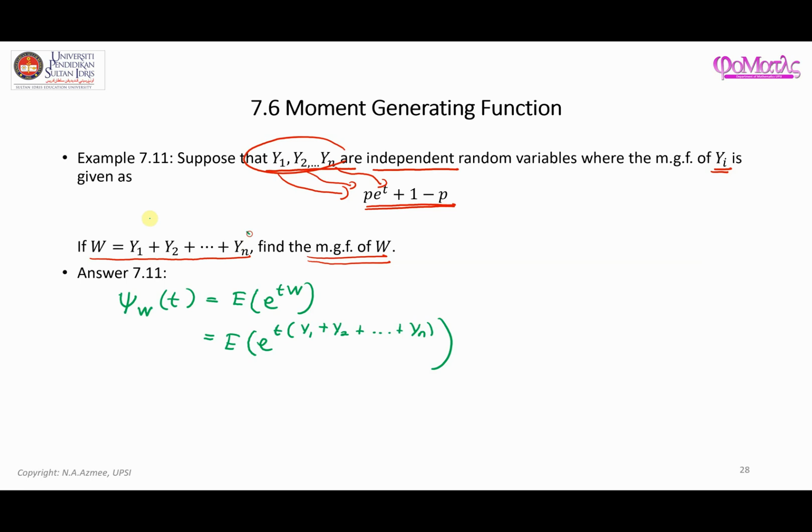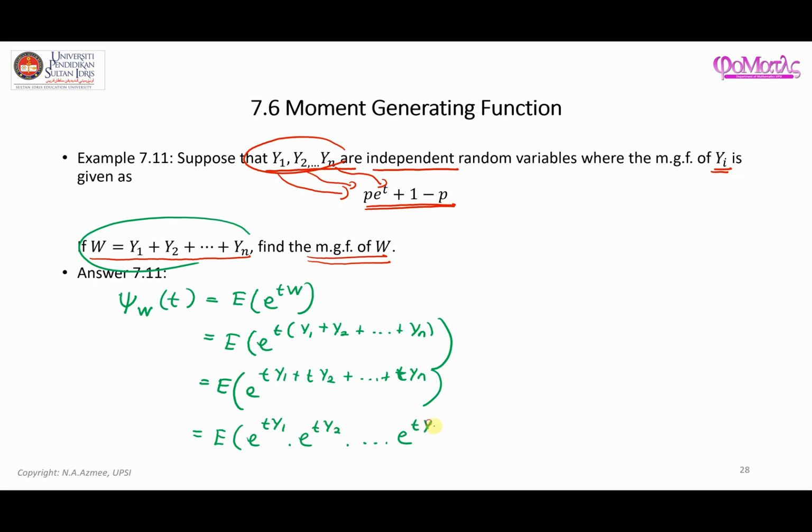Okay, so that is the given expression for random variable W. Next, we're just going to expand this, take out the bracket, so it becomes e to the power ty1 plus ty2 dot dot dot plus tyn. Okay, using the law of exponent, this becomes e to the ty1 multiplied with e to the ty2 dot dot dot. Okay, so this is what happens.